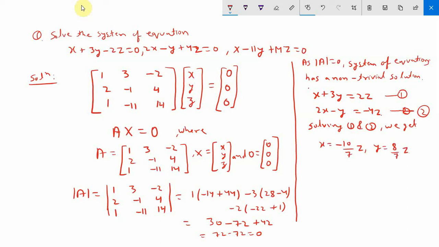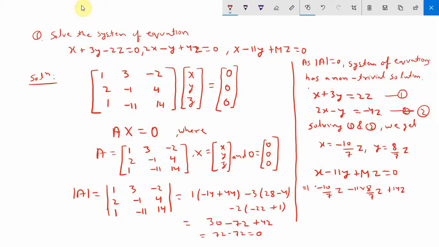Okay, so we will substitute x and y in the third equation. Our third equation is x minus 11y plus 14z equal to 0. So we will substitute x as minus 10 by 7 z and y as 8 by 7 z, minus 11 into 8 by 7 z, plus 14z.